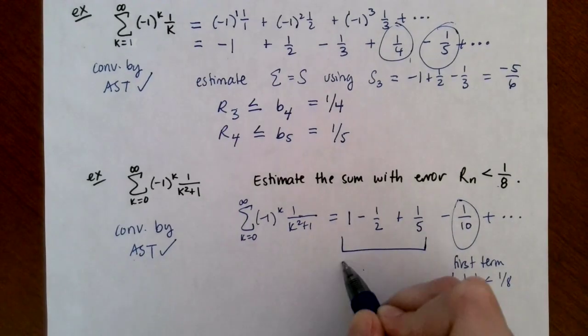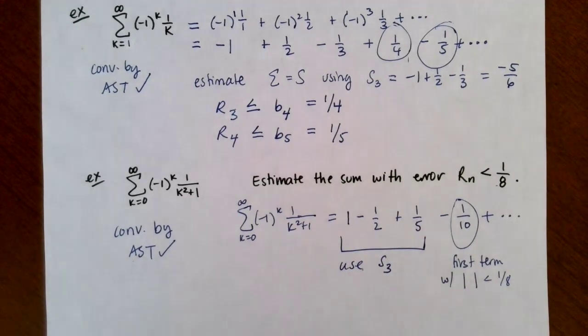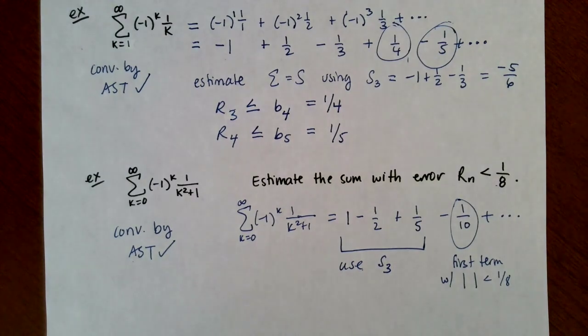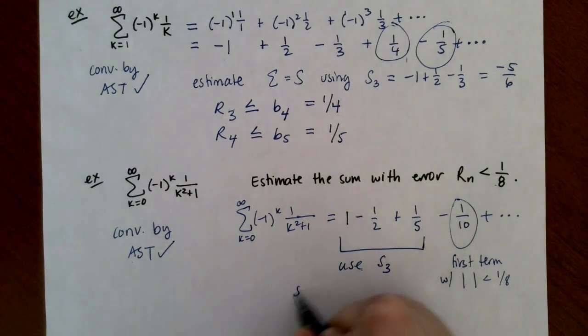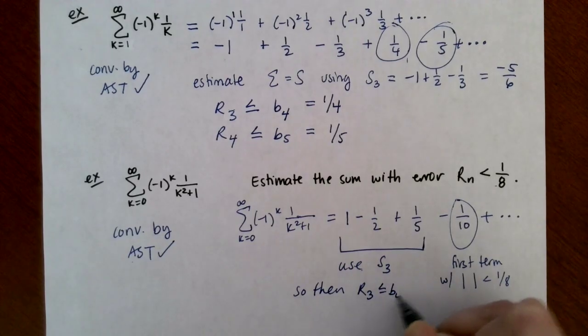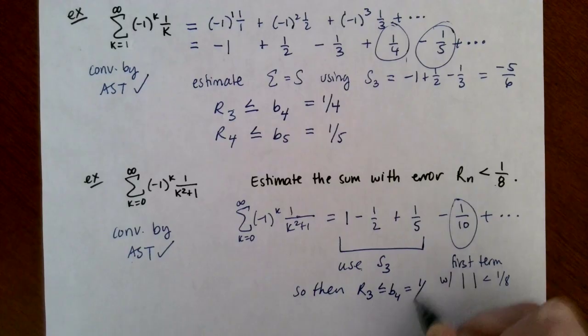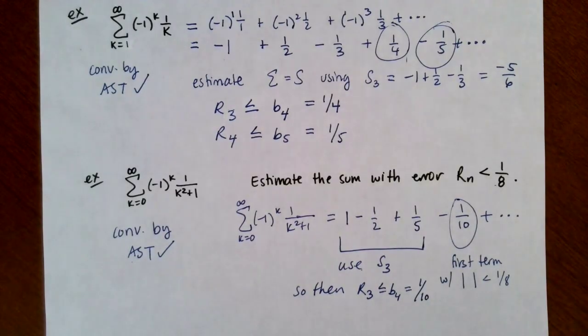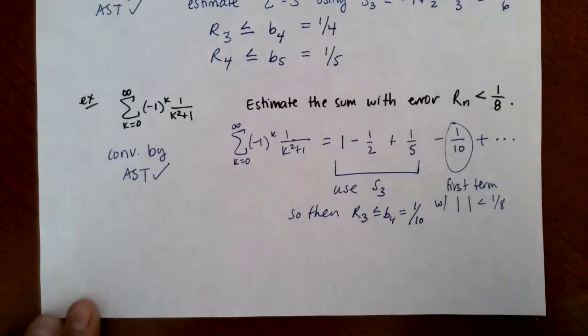So I'm going to use S3 here, the sum of the first 3 terms, to estimate the series. Then R3 is less than or equal to B4, which is 1/10, which as desired is less than 1/8. So our actual answer is the sum S3.